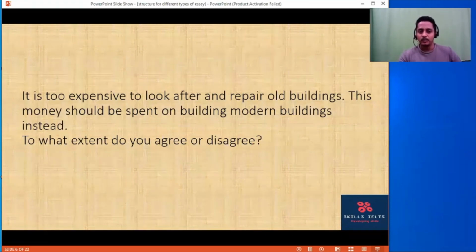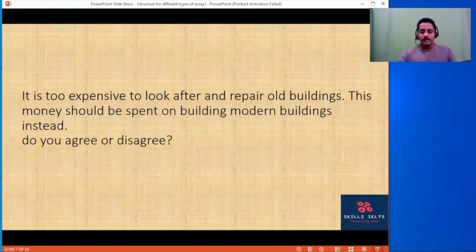Anybody knows the difference between to what extent do you agree and do you agree, disagree? Law changes human behavior, agree, disagree. Law changes human behavior. To what extent do you agree or disagree? Anybody, any difference? You can click on the chat option and write your answers. Perfect, Akash. That's correct.